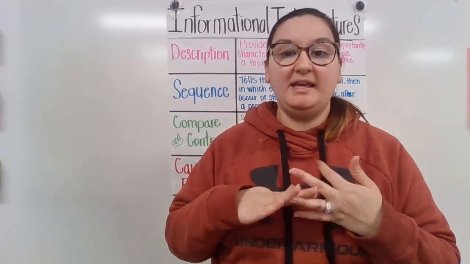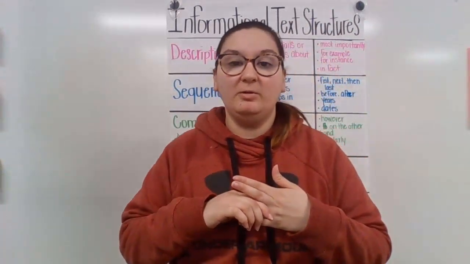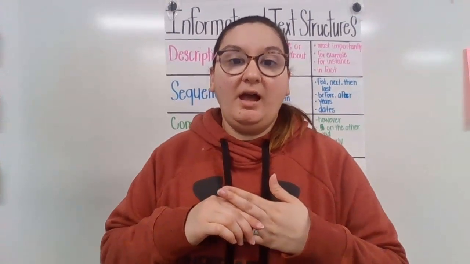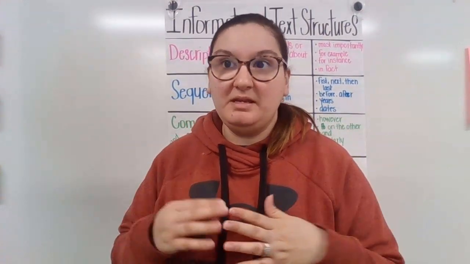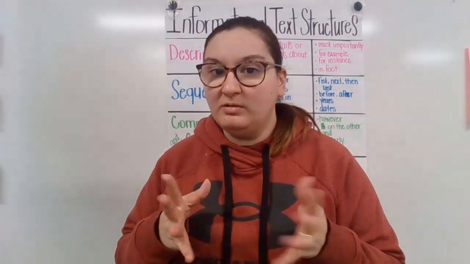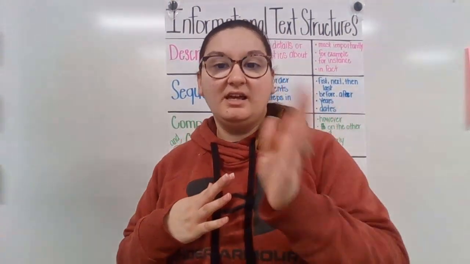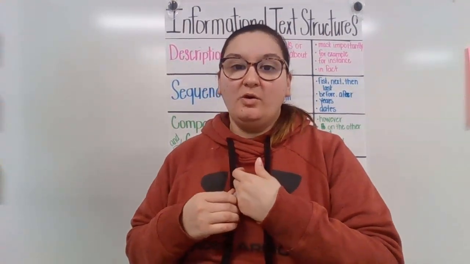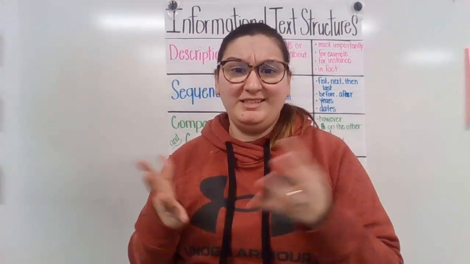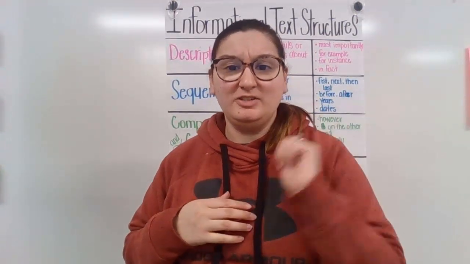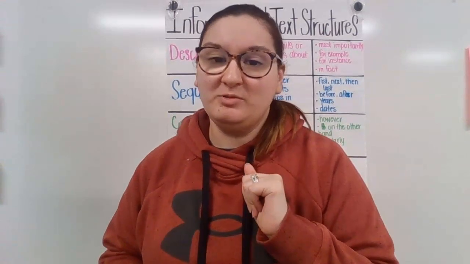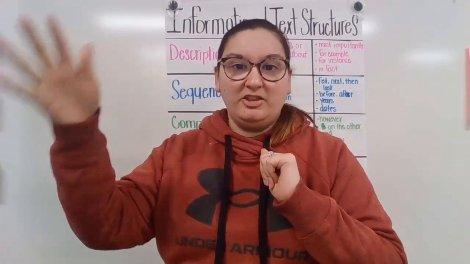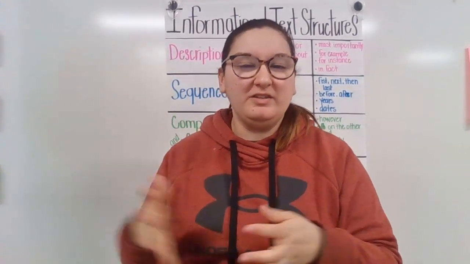If it's something that happened in history, maybe the Civil War, and they're talking about the dates of when those events happened. Maybe it's talking about when ice cream was invented, and in 1922 was the first time ice cream was made. In 1930 is when they started, so different things like that.